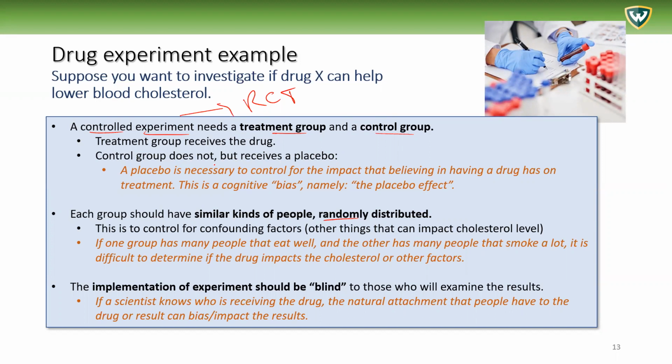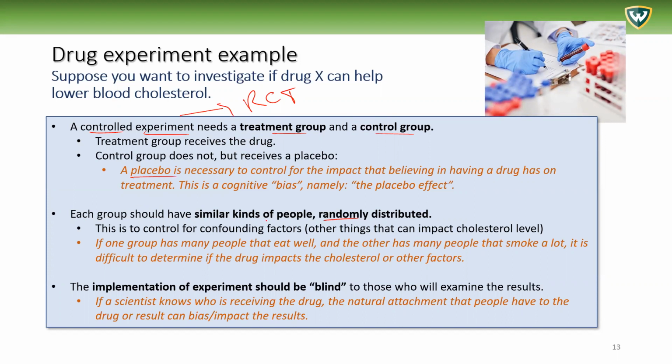But it's a real fact, it's a real bias, it's a real tendency. So it needs to be controlled for like other factors as well. And of course, the treatment group receives the drug. They don't know they received the drug. They think they may have received the placebo. So you mix and control those factors. That is this particular bias.